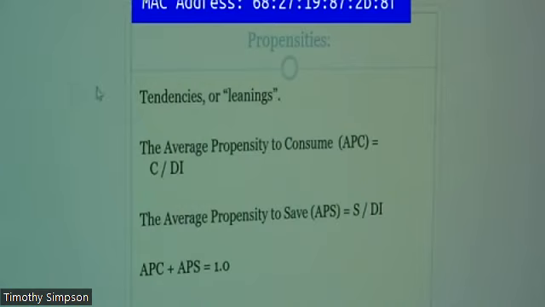So, propensities: the average propensity to consume, the average propensity to save. Government can create money out of thin air, and we're going to talk more about how it can do that. It can basically serve a great policy function, and it's not particularly difficult for it to do. It sounds like it's not possible, and sometimes people think, well, how can the government do that?